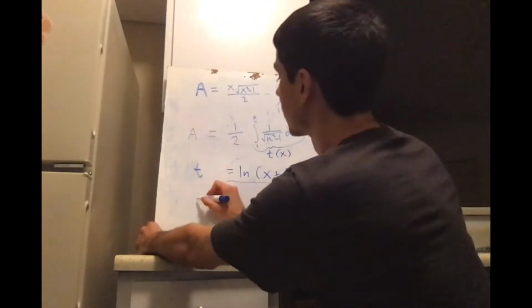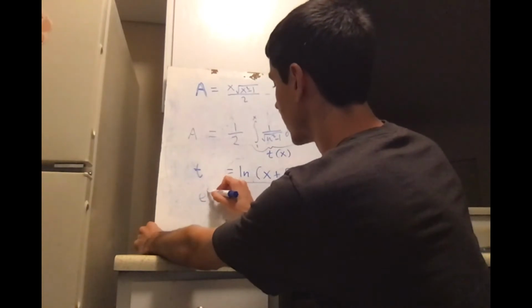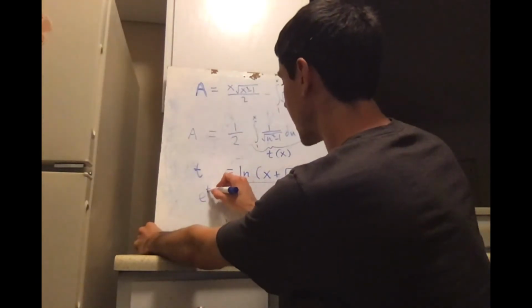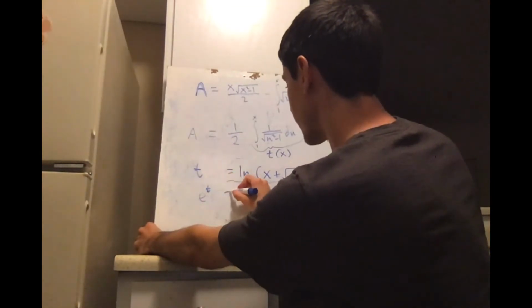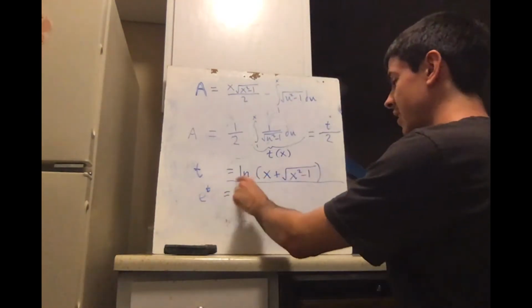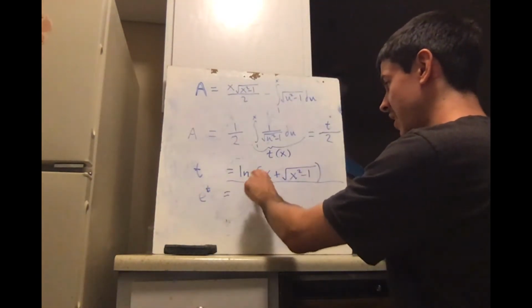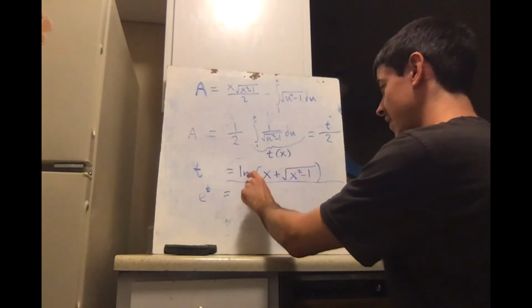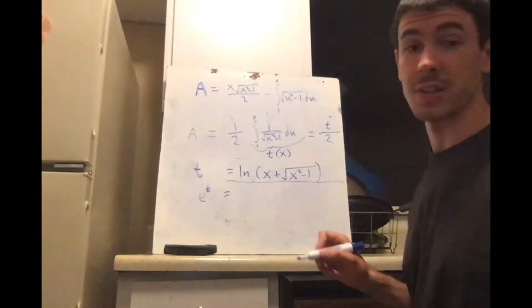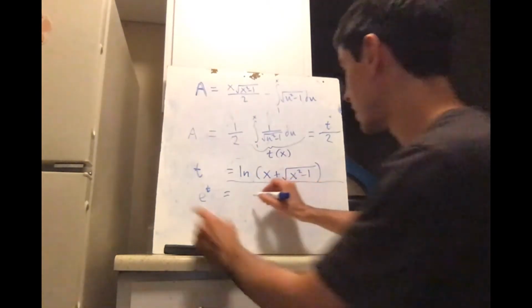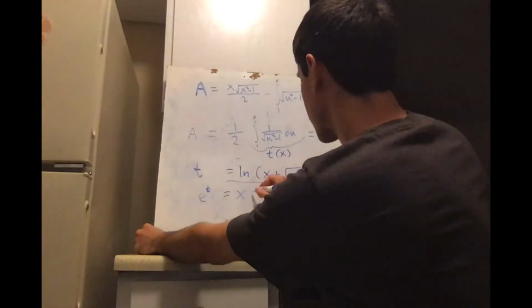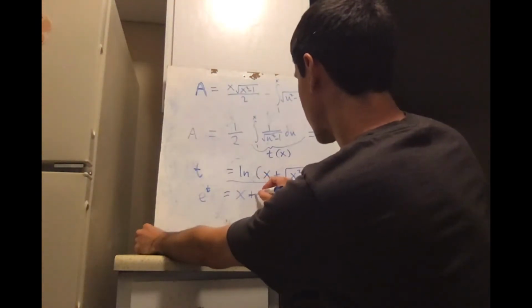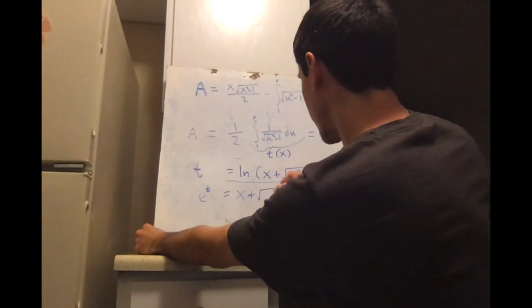Well, first we're going to raise e to both sides of the equation. So e to the t equals, and then e to the natural log of will cancel each other out, because that's exactly what the natural log does. So this becomes x plus the square root of x squared minus 1.